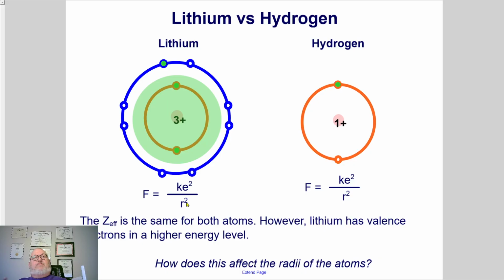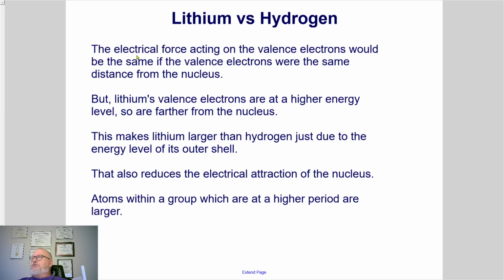So how would this affect the size of the atoms? Lithium is going to be larger than hydrogen, right? Because those valence electrons are further away. There's an electrical force that acts on these valence electrons, and it would be the same if they were the same distance from the nucleus, but they're not.